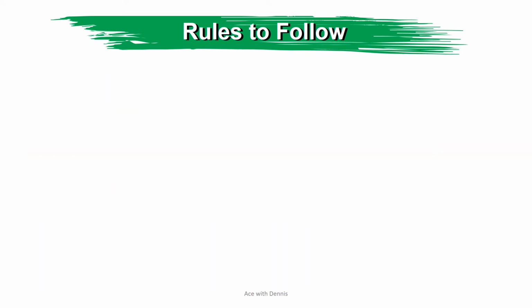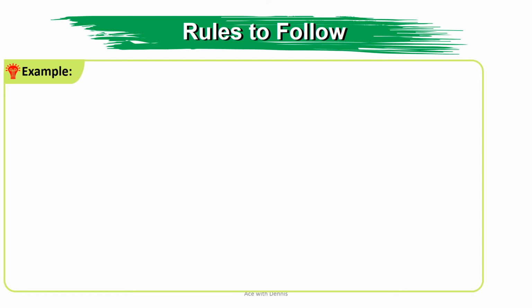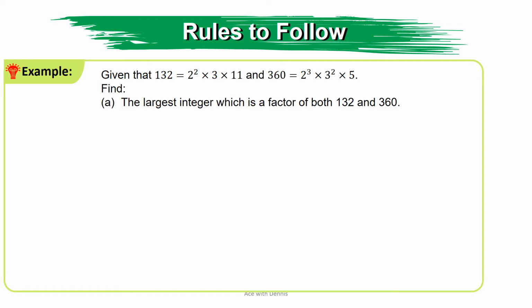After understanding all the rules that we need to follow, let's look at some examples. Here is the question. Given that 132 equals 2 square times 3 times 11 and 360 equals 2 cube times 3 square times 5, A, find the largest integer which is a factor of both 132 and 360.